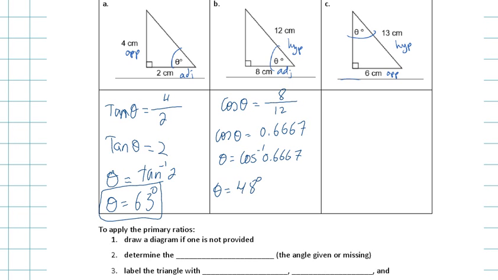Next, the angle of interest is on the top. What do I know? Which sides do I know? The opposite and the hypotenuse. So which ratio can I use? Sine. So sine of angle theta is 6 over 13. What's 6 over 13? 0.4615.